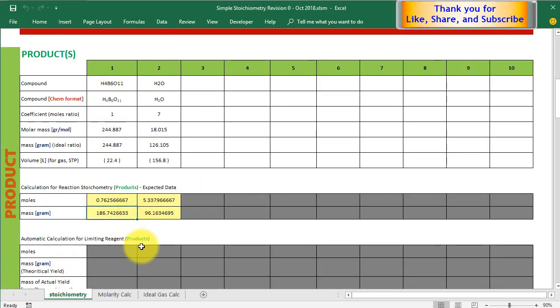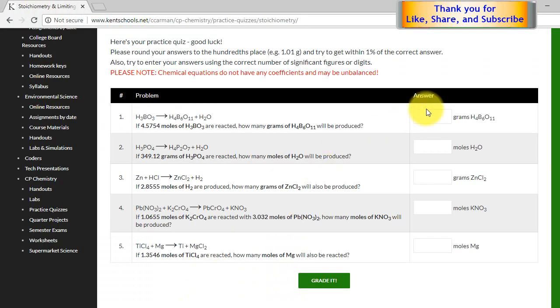Alright, the answer is 186.7426. I think we can round up. Okay, answer here. Type here 186.75 grams. Right, we continue.